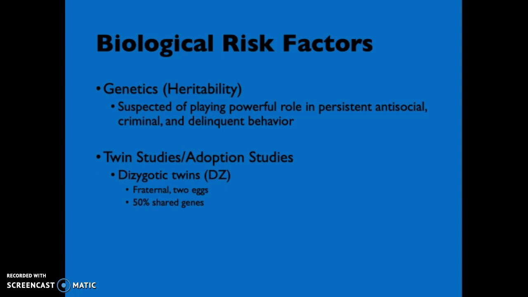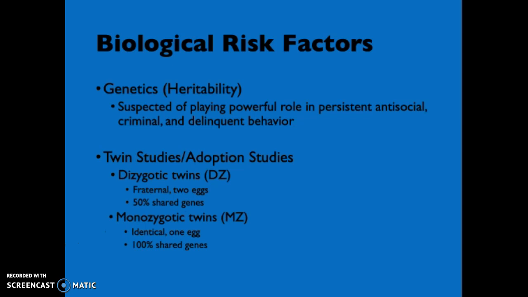One is dizygotic twins, or fraternal, which means that there are two eggs. These are our non-identical twins, two separate eggs that were fertilized at the same time in the mother's womb. Just like any other siblings, they share 50% of their genes, but they have the added sharing of their environment within the womb as well, as opposed to siblings that are separate in years of age.